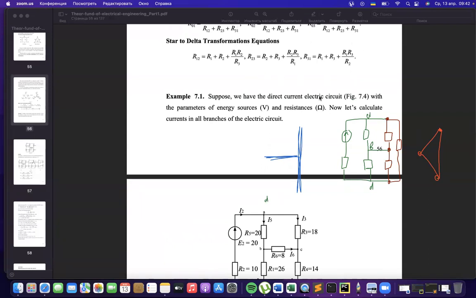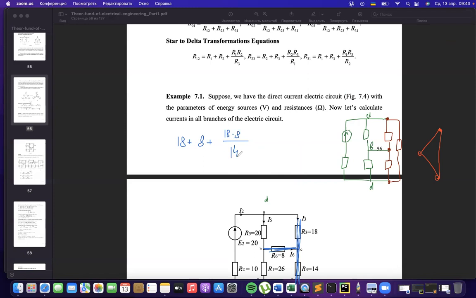Let's check. We should use, for example, 2 resistors, 18 and 8. Using the second type of formula, it will be 18 plus 8 plus 18 multiplied by 8 and divided by the last one, 14.